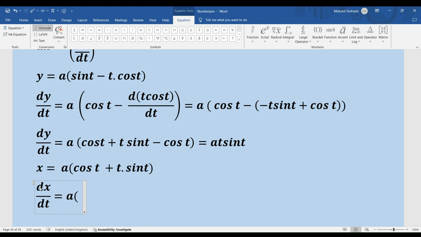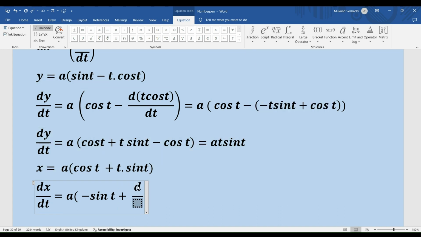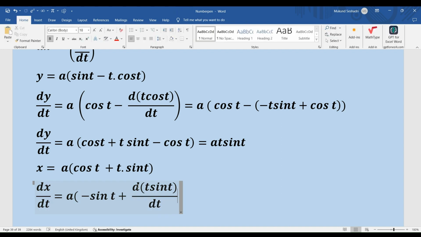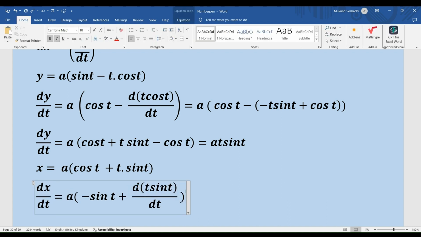So d by dt of cos t is minus sine t. And then I have the product rule coming in place here, which is d by dt of t sine t. So it's a product of two functions, which are t and sine t.